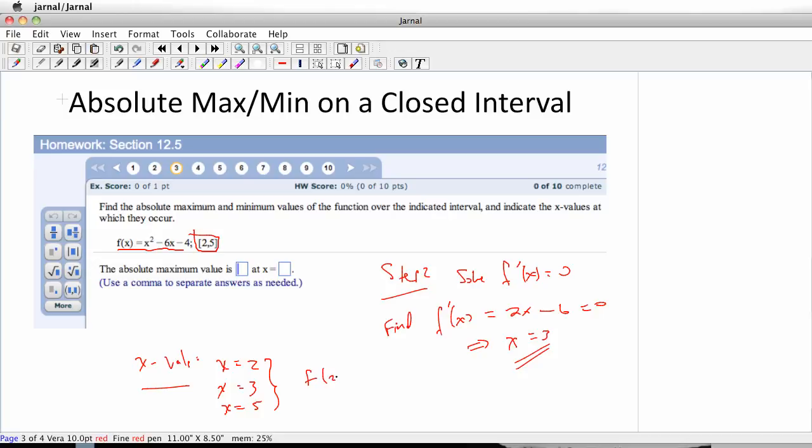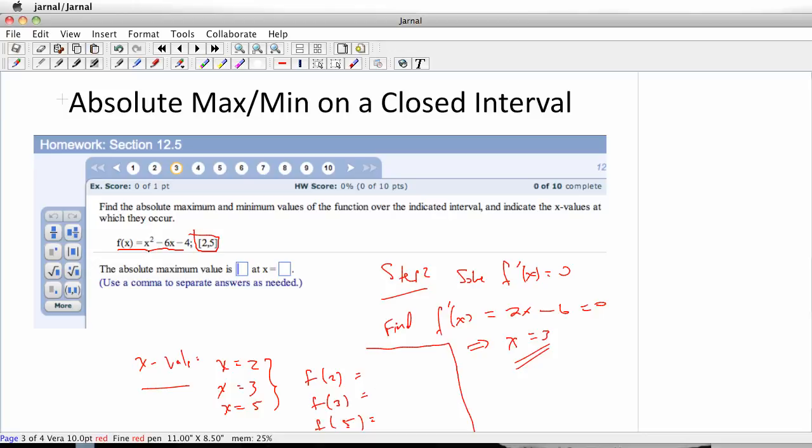Well, all I've got to do is find the y coordinates for each of these values of x. So for each value of x that I have in my list of the possibilities for extreme value, I'm going to calculate the y coordinate.